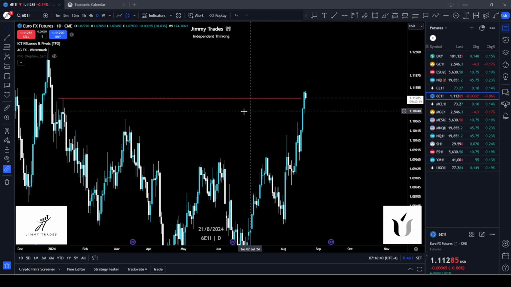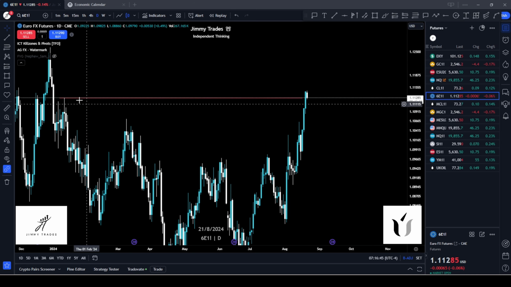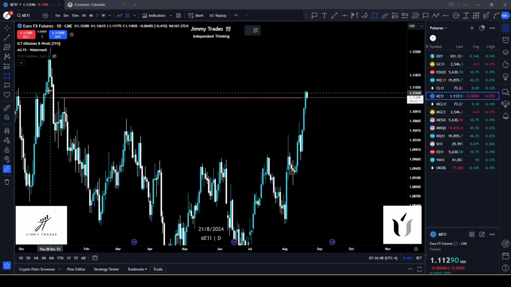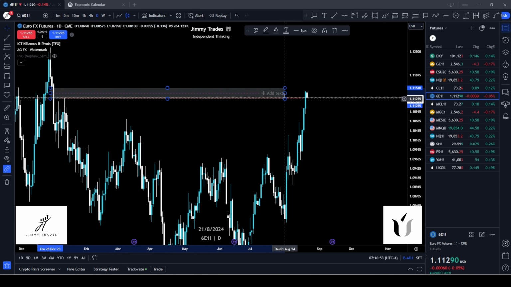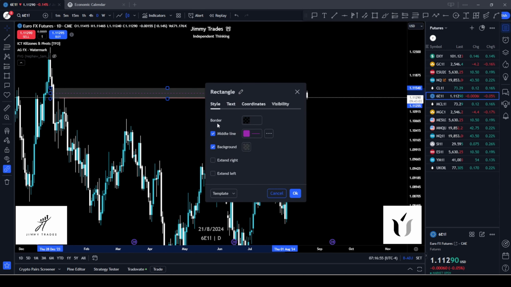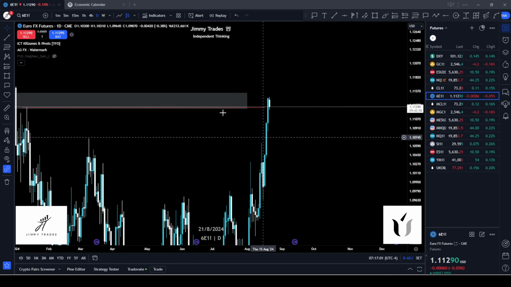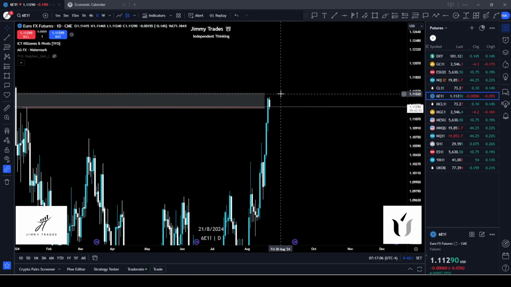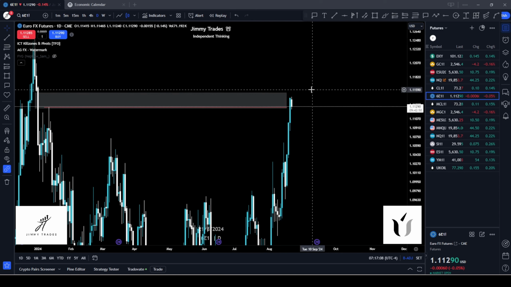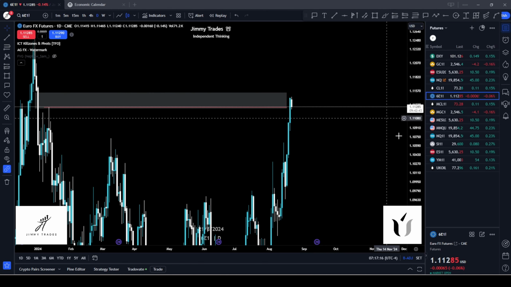So currently price has swept an old high and has almost completely filled the remainder of this gap here. Does that make me bearish? Well, if we're in a bearish FVG, or we've swept a swing high, then we look to be bearish or have a bearish bias.